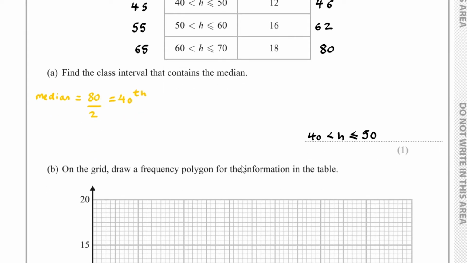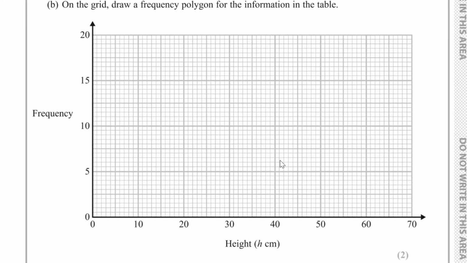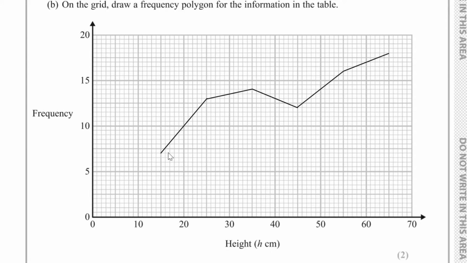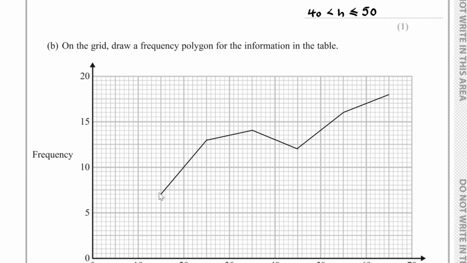When we plot those, we want to plot the midpoint against the frequency. So let's do that. Here we have our frequency polygon, and notice I've plotted the midpoints against the associated frequencies.